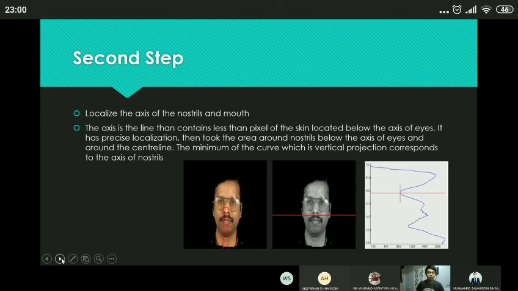For the second step, it will localize the axis of the nostril and mouth. The axis is the line that contains fewer skin pixels, located below the axis of the eyes. For precise localization, it takes the area around the nostril below the axis of the eyes and around the center line. The minimum of the vertical projection curve corresponds to the axis of the nostril.